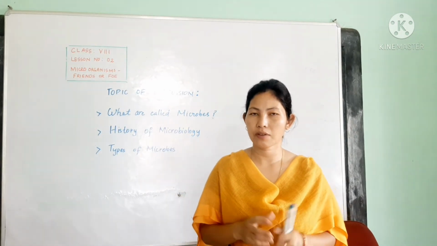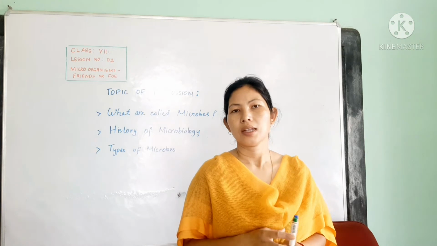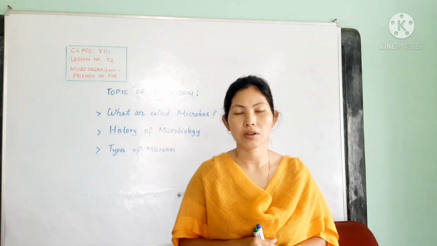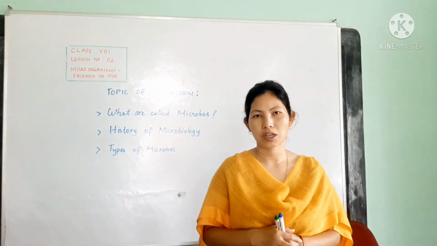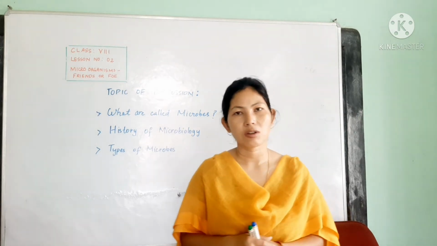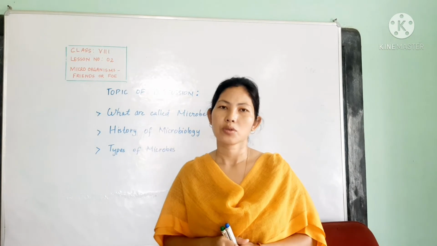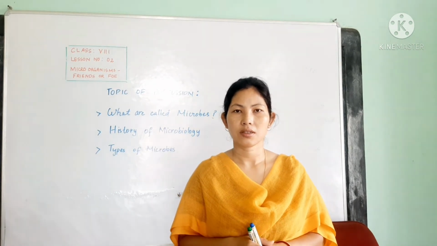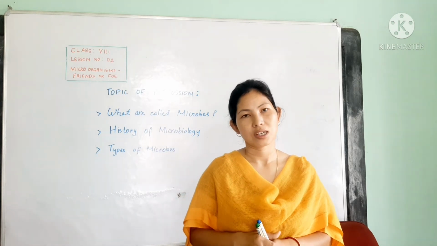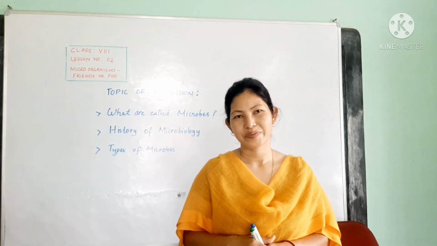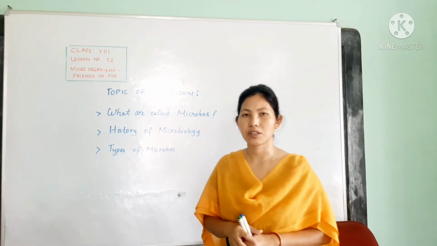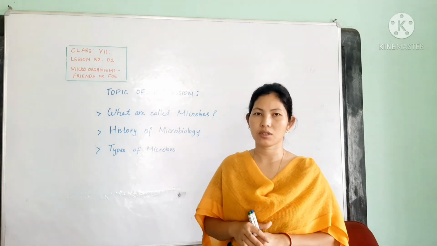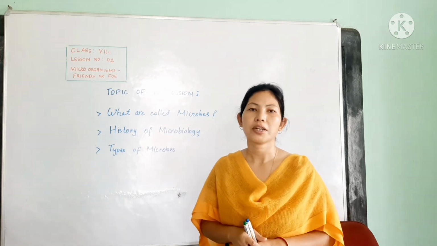So after the invention of the microscope, it became easier for the scientists or biologists to study more about microorganisms. As microorganisms cannot be seen with our naked eye, definitely we need an instrument, that is the microscope, for the study of microorganisms. So this study of microorganisms is known as microbiology, and the persons studying these microbes are called microbiologists.